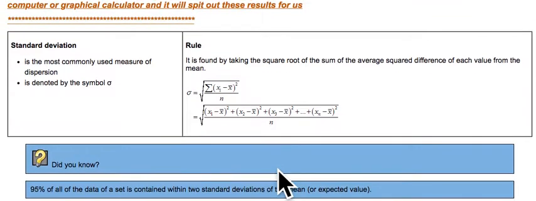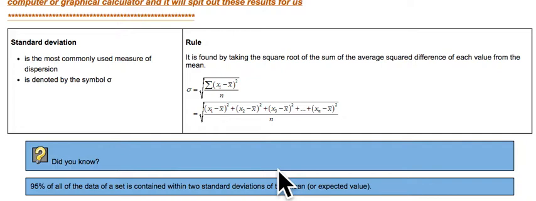Let's move down a little bit here. So did you know that 95% of all the data of a set is contained within two standard deviations of the mean or expected value? So what does that mean?